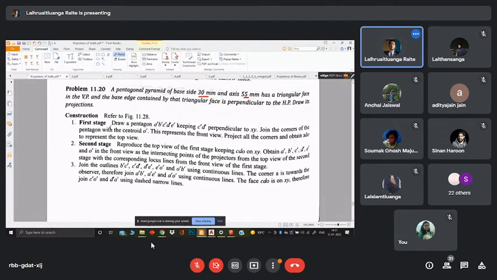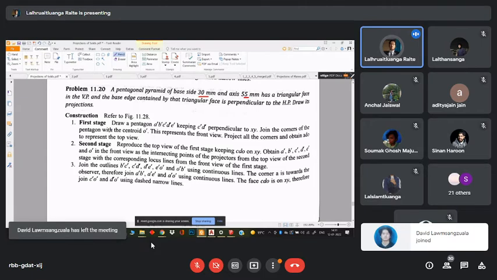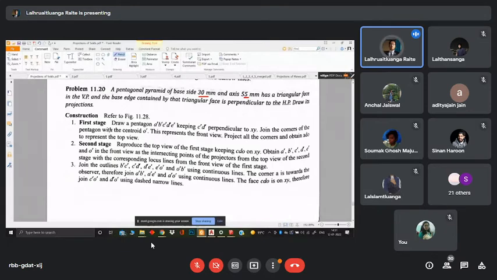All right, I hope you guys are visualizing it. We have a pyramid and the base is pentagonal in shape, and the axis is 55 mm, and it has a triangular face in the VP. So it has one whole triangular face in the VP, and the base edge contained by the triangular face is perpendicular to the HP. Draw its projections.